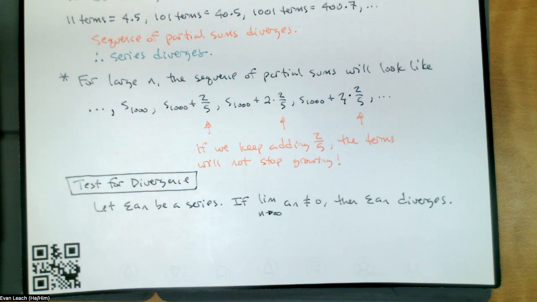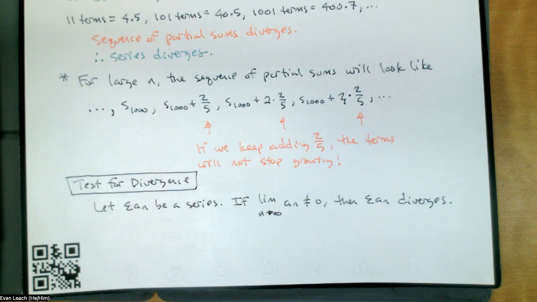Note that this just says if the terms don't go to 0, then the series diverges. The only thing that we get from that with converges in it is the contrapositive, which says if a series converges, then the terms go to 0. But that goes in one direction.